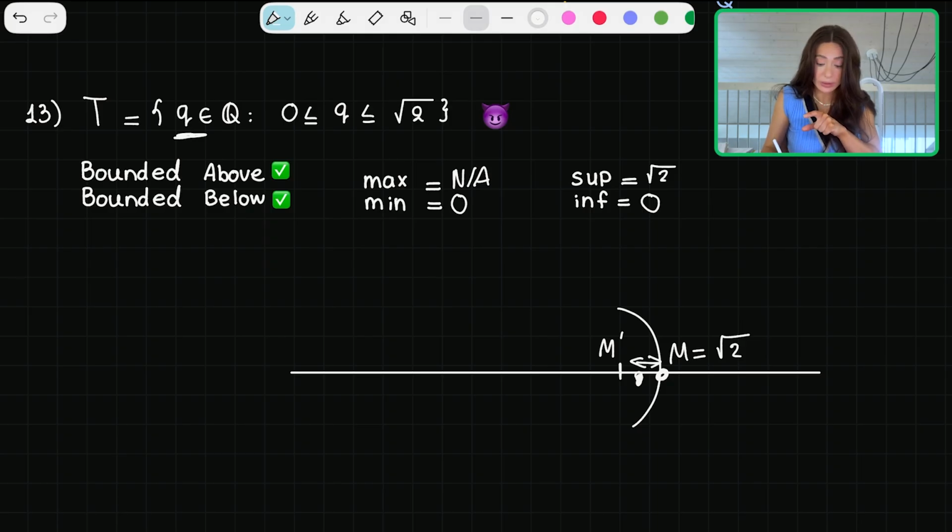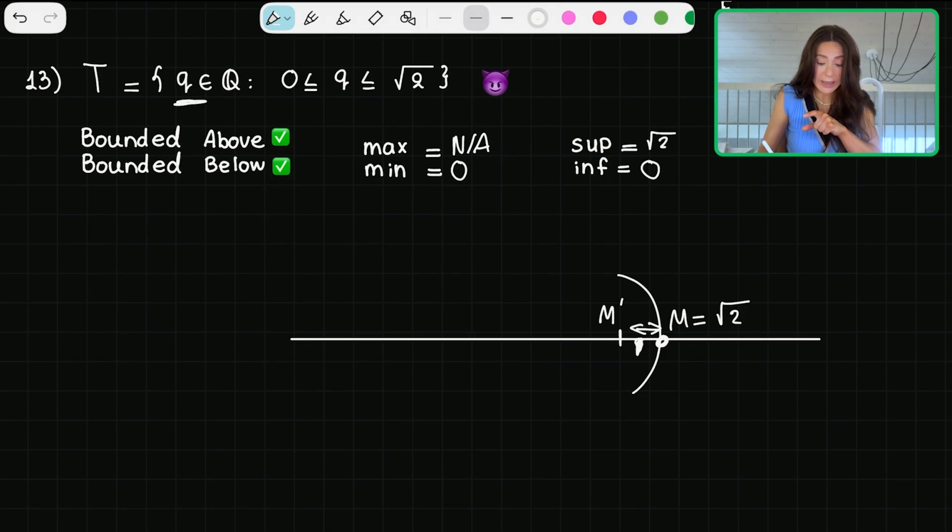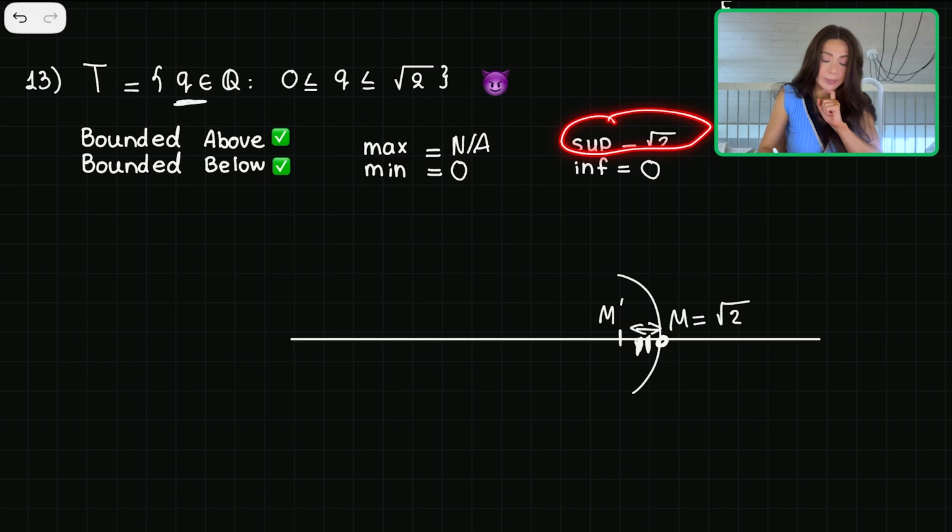Because rationals are dense, no matter how small that step is, you can always find a rational number that will be close to square root of 2, but less than square root of 2. And the reason why you are sure that supremum exists is because of the completeness axiom, which says that the real number line has no gaps. So you have all the faith that it exists.